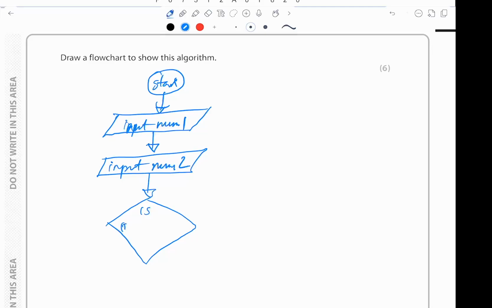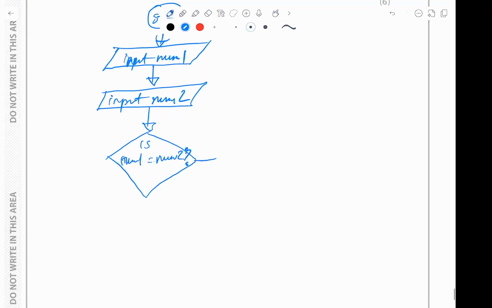Is num1 equal to num2? Is it the same? So that's either no or yes. Do label the arrows here. Always yes and no. Don't just put true and false. Sometimes you can get away with true and false, but always label the arrows.